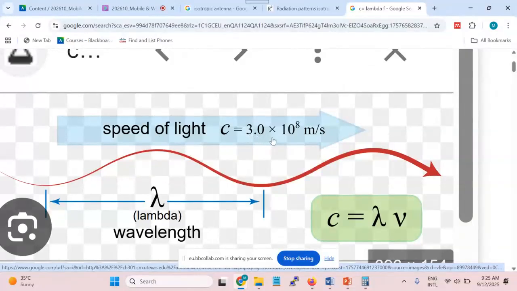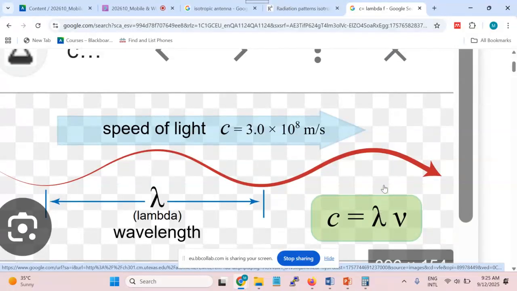How much does it equal? 3 times 10 to the power 8. This is constant. So C equals lambda times frequency, which is mentioned here as V. We call it F. As the frequency increases, the wavelength decreases because C is constant.